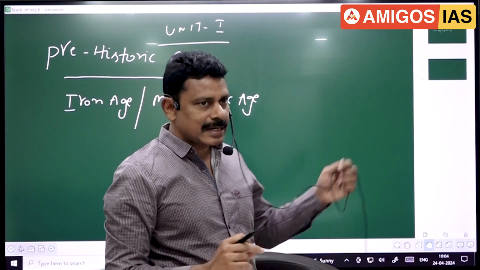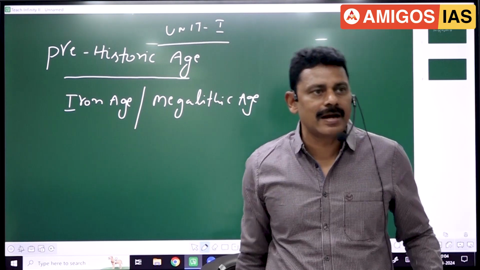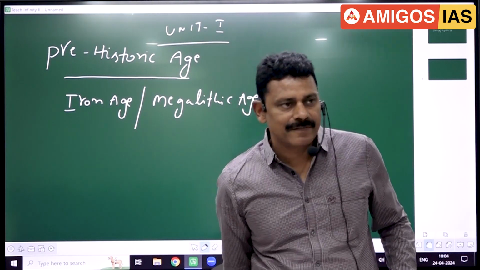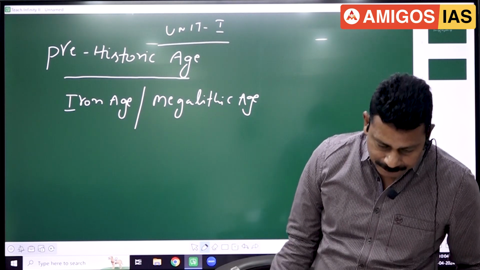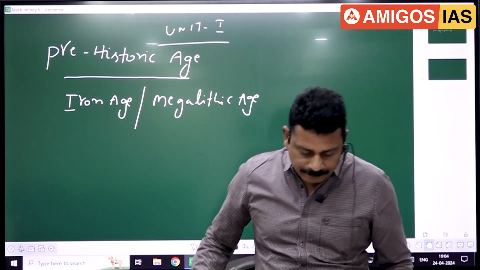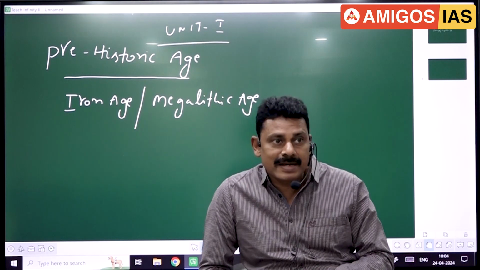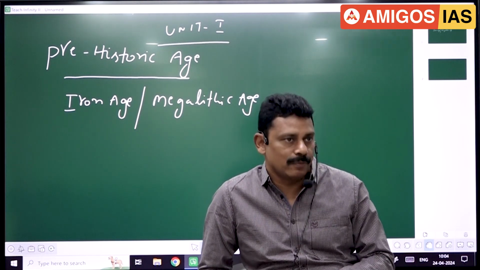As far as Indian history is concerned, Iron Age means the later Vedic period. By the later Vedic period, the humans started making use of iron in North India. Coming to South India, this Iron Age coincided with the megalithic people.